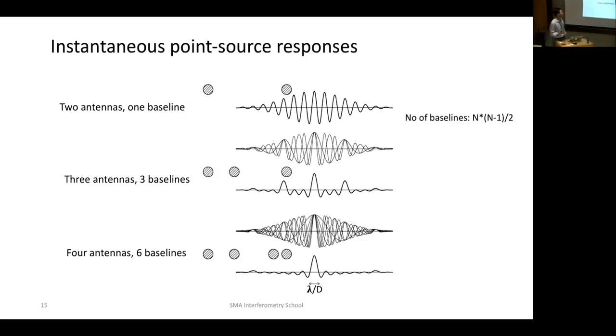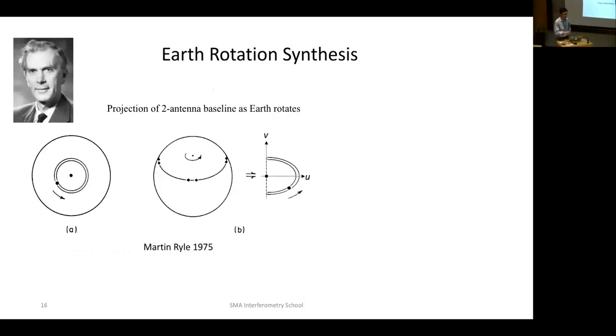So one of the things about radio interferometers is that you need to increase the number of antennas. But if you just take instantaneous observations, you still have very limited sampling in UV space. That's where Earth rotation synthesis comes in.